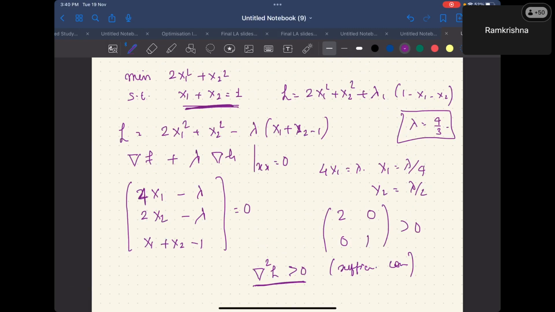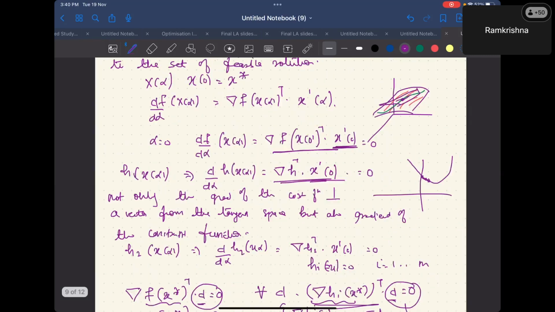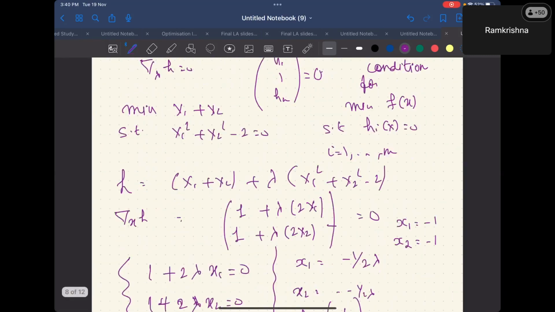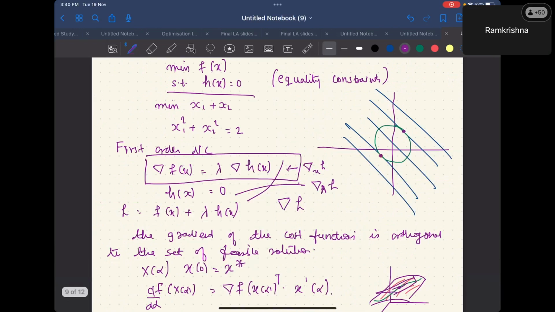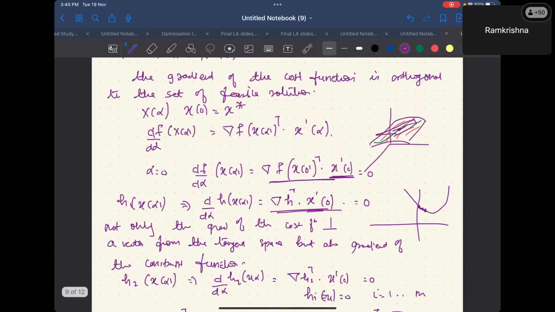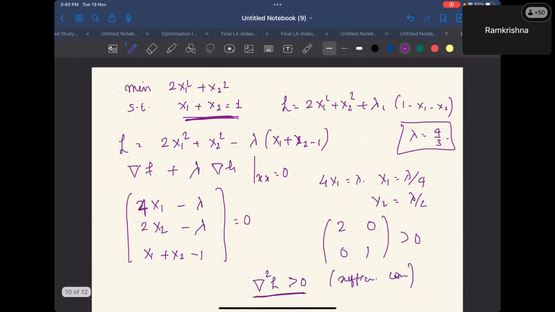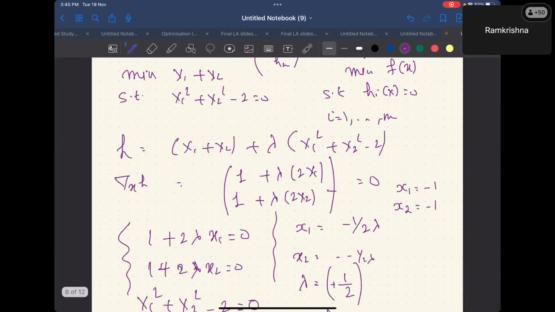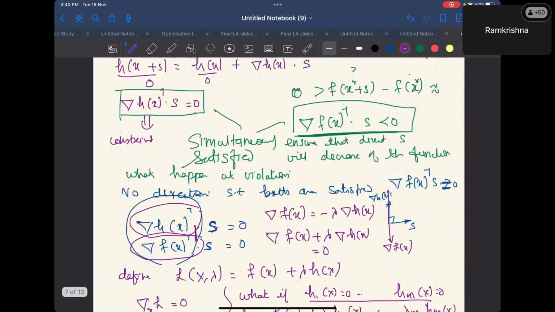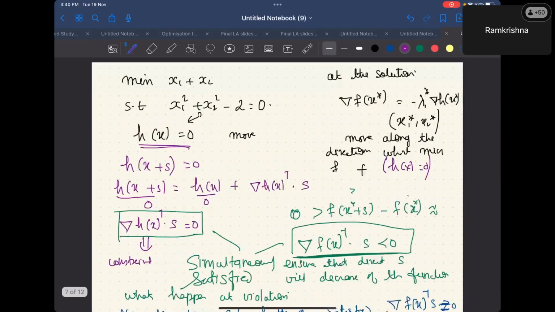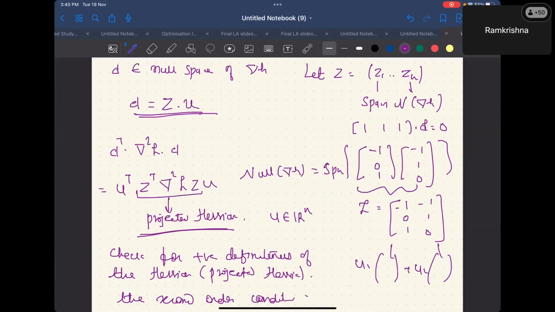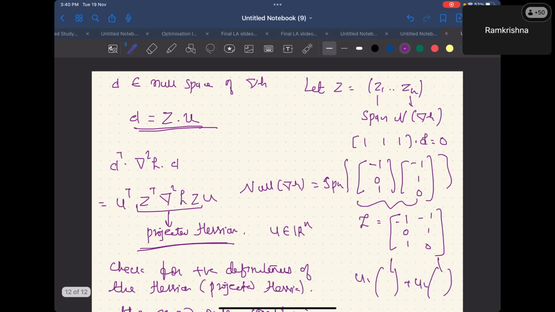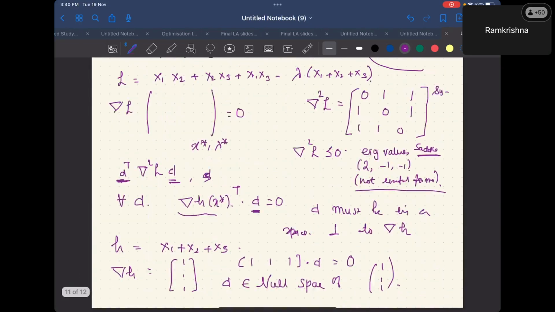So the problem we were having here was that the second gradient, or the Hessian of H, had eigenvalues which were, yeah, here I think the eigenvalues were like 2, 1, minus 1 or something, right?